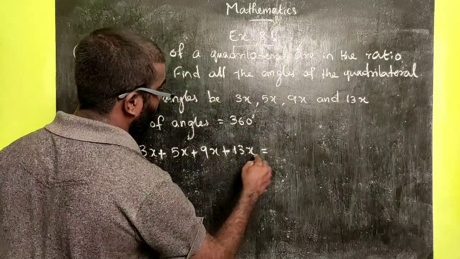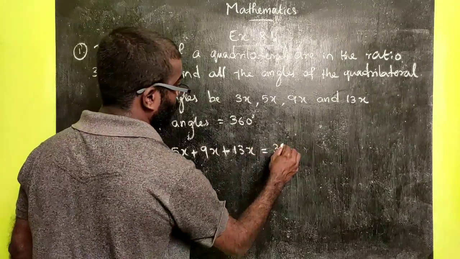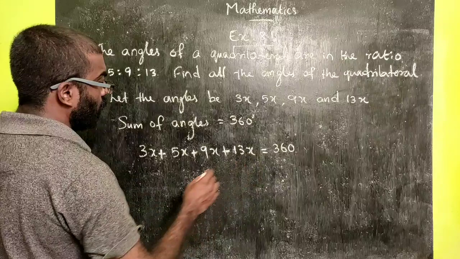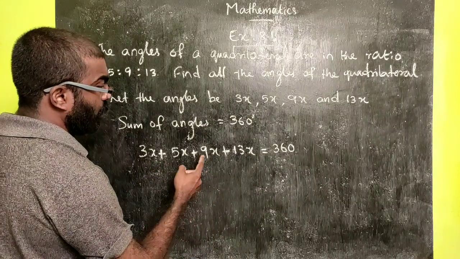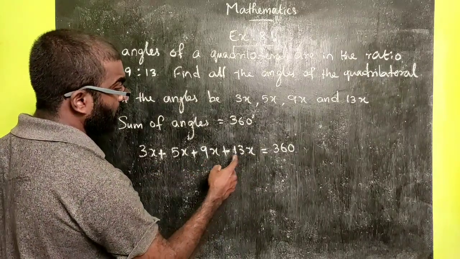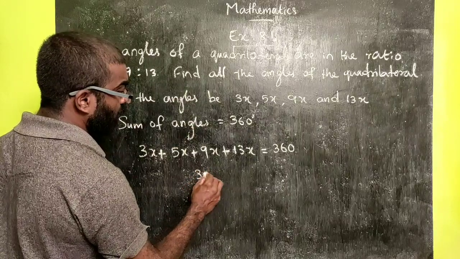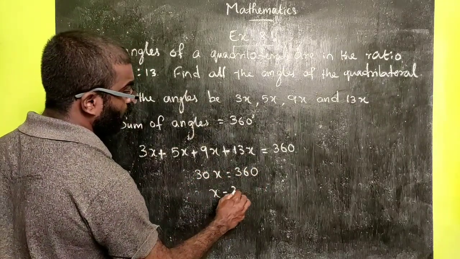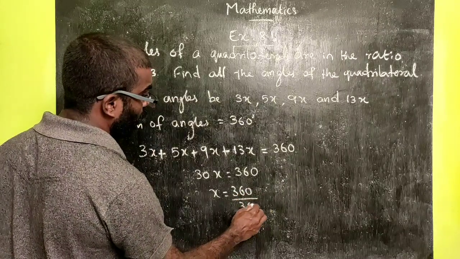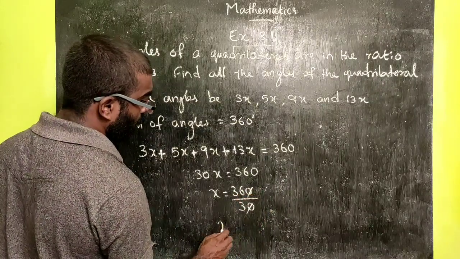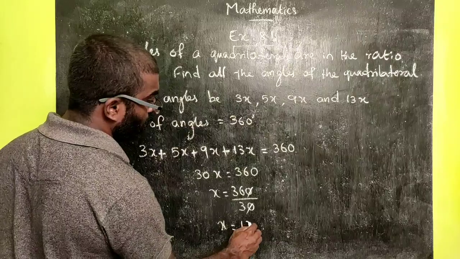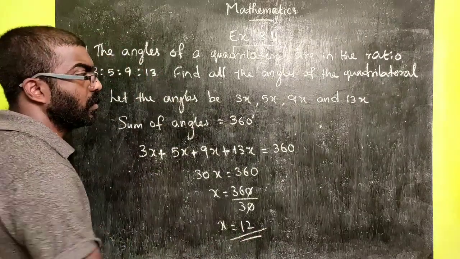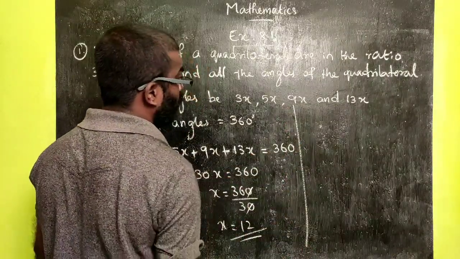The sum of these 4 angles will be equal to 360. We can add these 4 values. 5 plus 3, 8, 8 plus 9, 17, 17 plus 13, 30x, which is equal to 360. x is equal to 360 divided by 30. 0 and 0 you can cancel, and x is equal to 12.